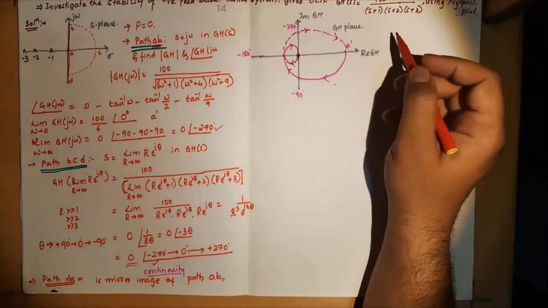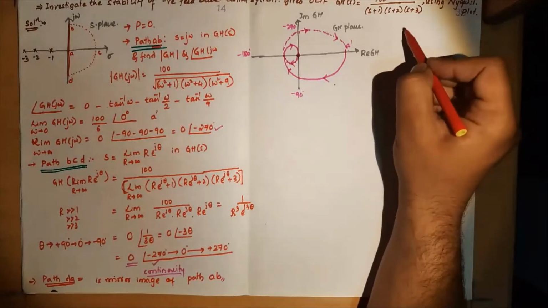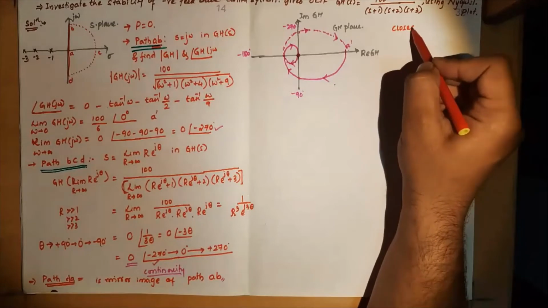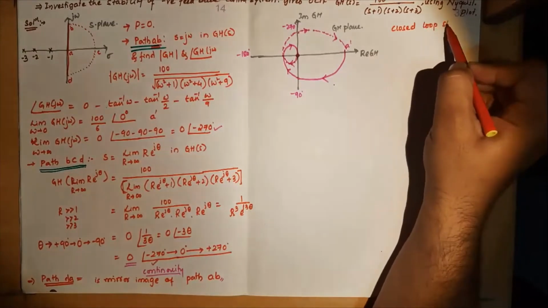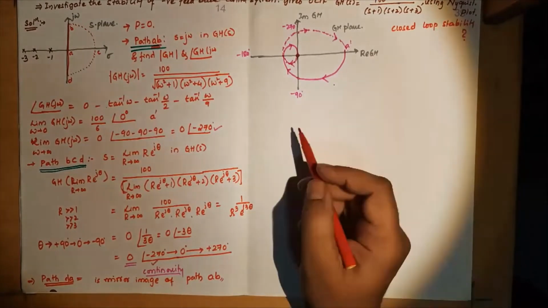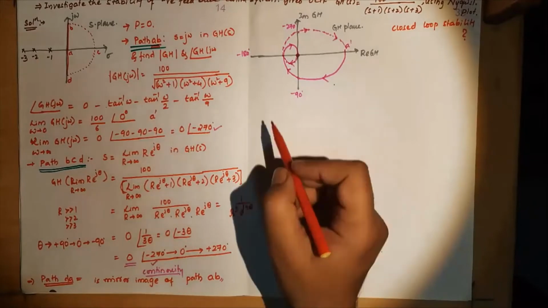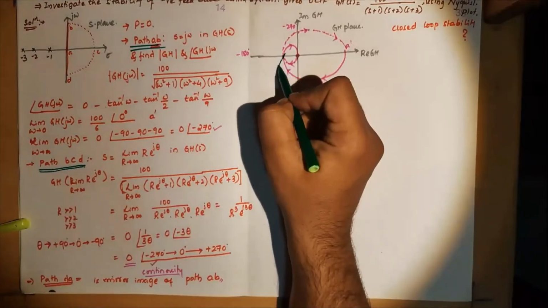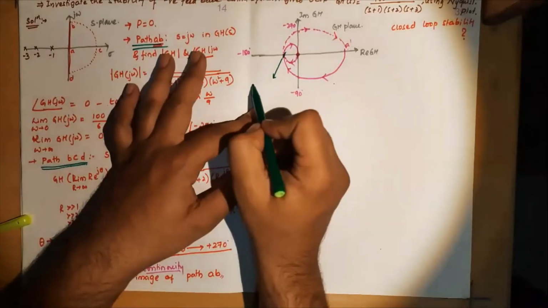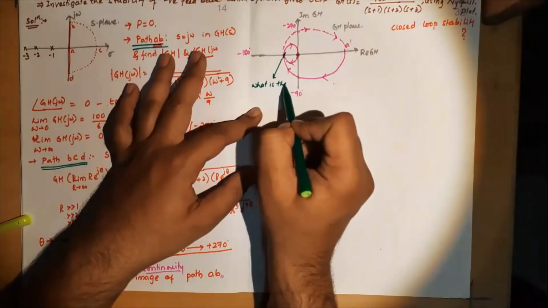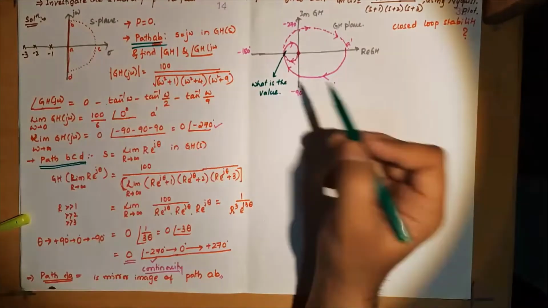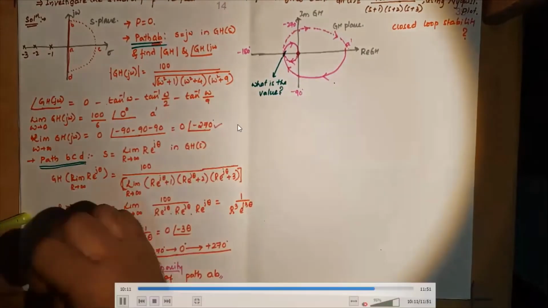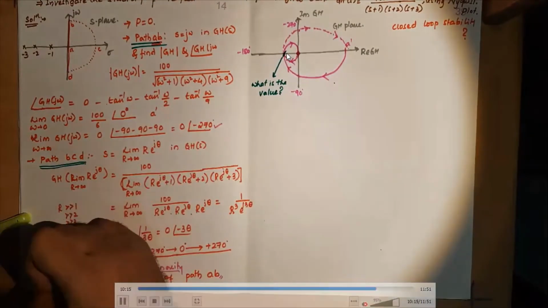Our next job is to check the closed loop system stability. So what is the closed loop system stability here? Can anyone say that? Comment on stability. Anybody has any answer? For that, we should know the value of the point where it intersects the minus 180-degree line.